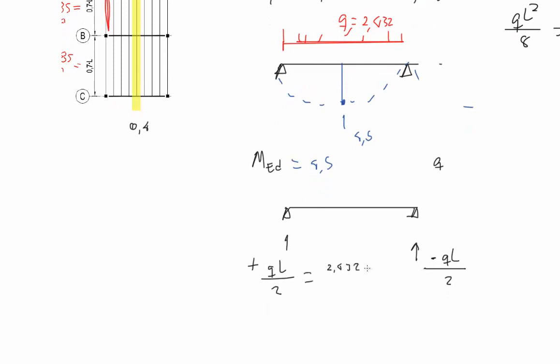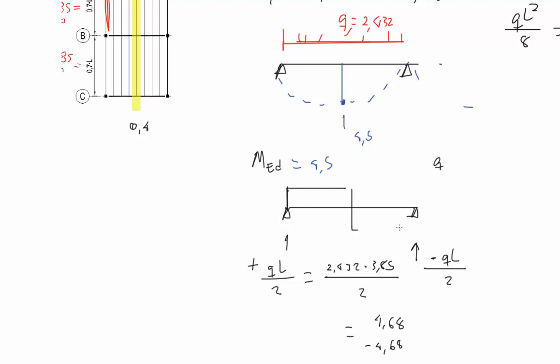and that will give us 2.432 times 3.85 divided by 2. That's 2.432 times 3.85 by 2. So that's equal to 4.68 and minus 4.68. And that would mean it would look like this.